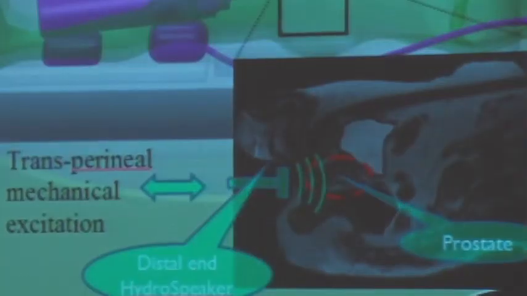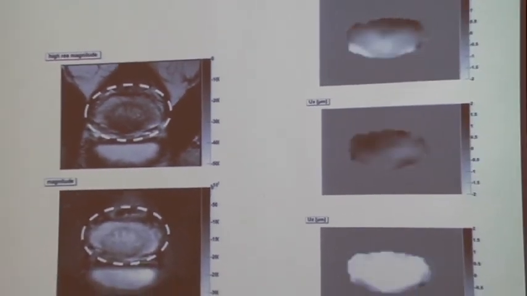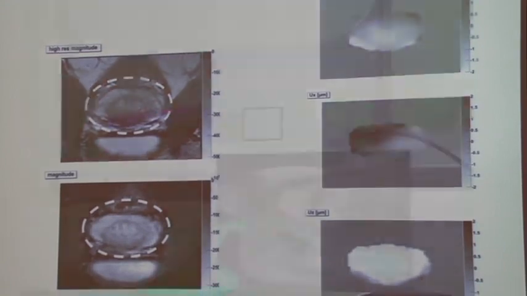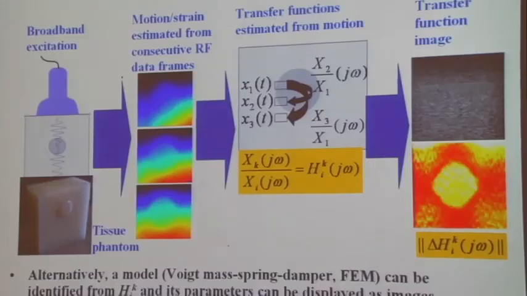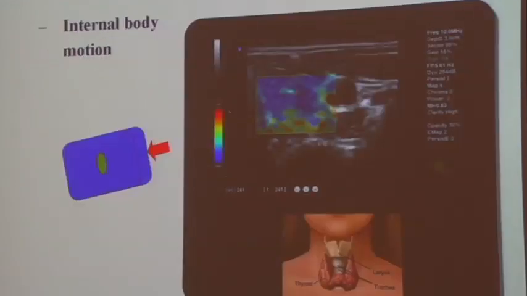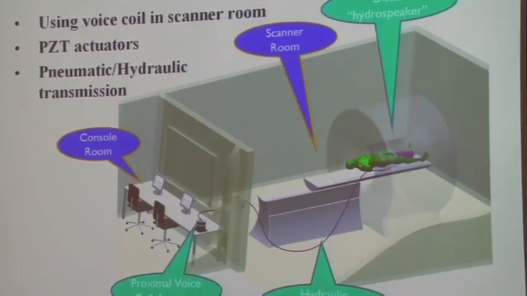You have a system which uses a hydraulic transmission to transmit waves to the prostate, and this is how the waves look through the prostate. That's the region of interest. And it's easy to imagine how you would take the standard MR environment and work your hand against an actuator and do the same thing.